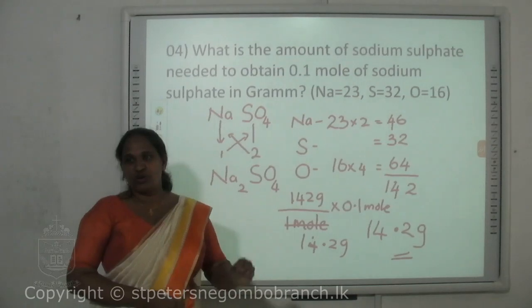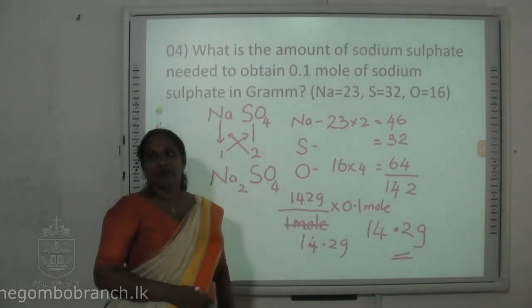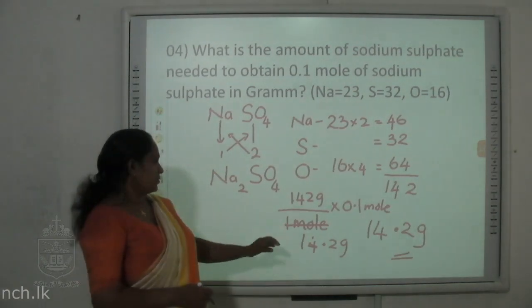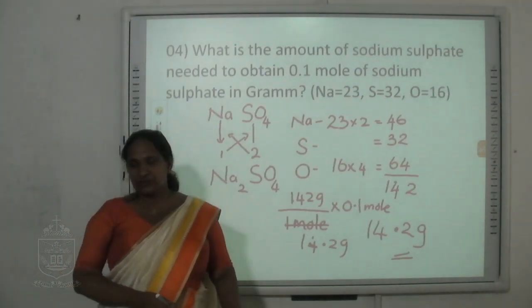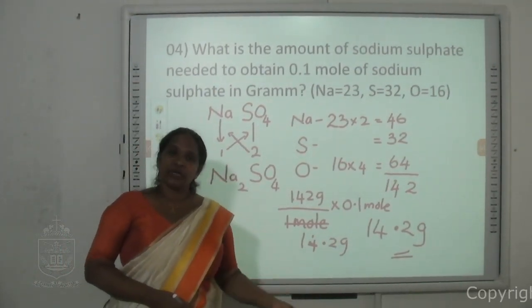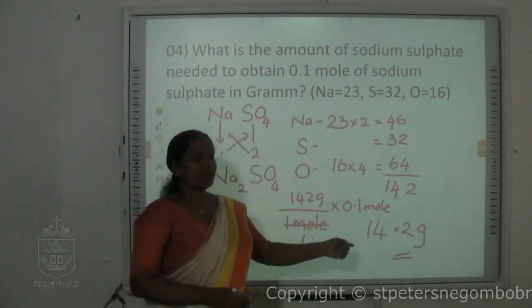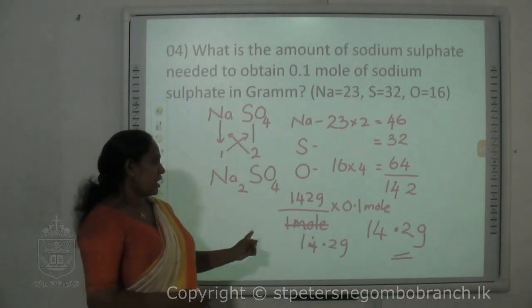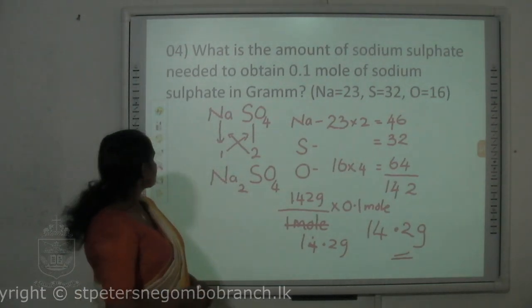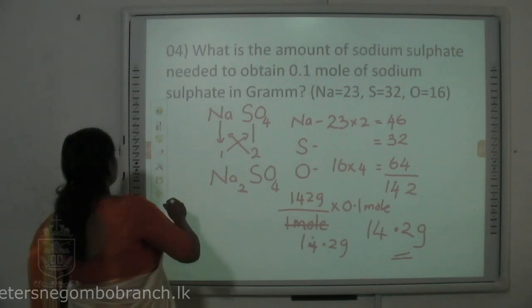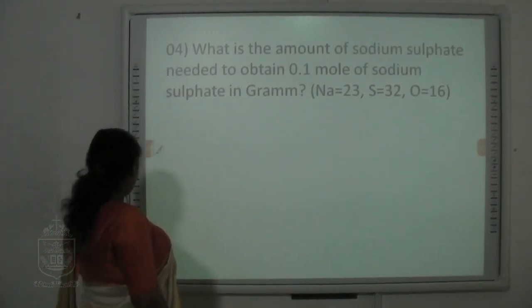To obtain 0.1 mole, we need 14.2 grams of sodium sulfate. If you want to get 1 mole of sodium sulfate, we need 142 grams. If you want to get 0.1 mole, we have to multiply it by 0.1. Then the answer will be 14.2 grams. Now we'll see the next question.